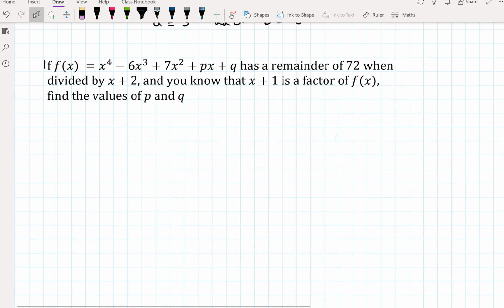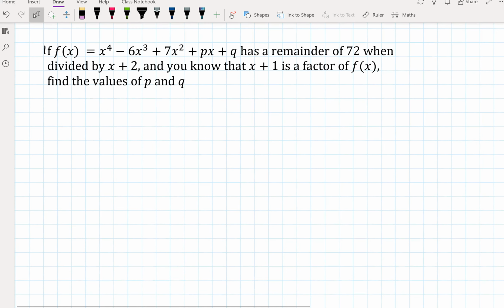Taking that on a bit further, here's an example with both the remainder and the factor theorem. Again, they've given us an expression, a quartic expression this time, with two unknowns, and they've given us two pieces of information. They want you to find p and q. They also give you the remainder when the function f of x is divided by x plus 2.